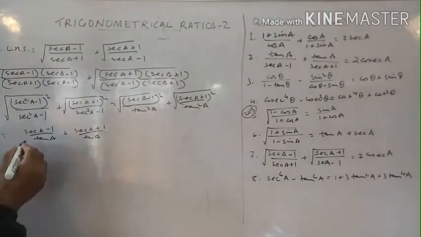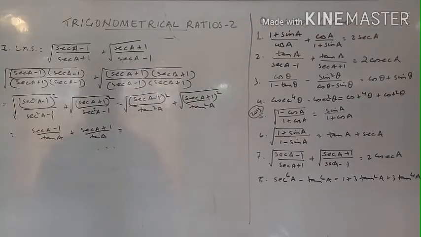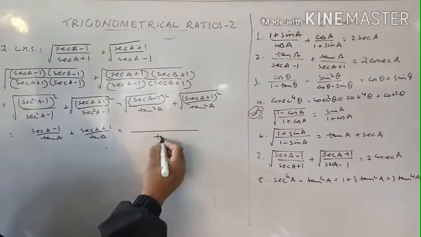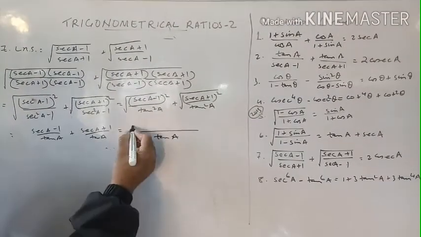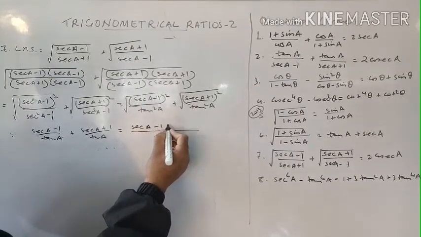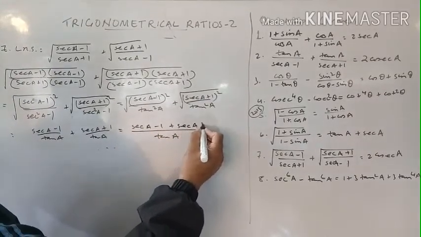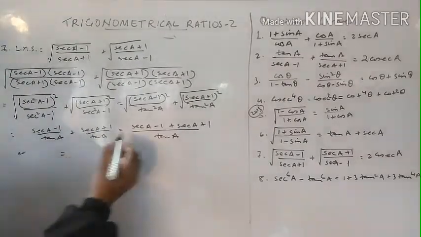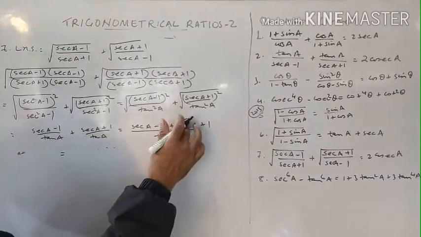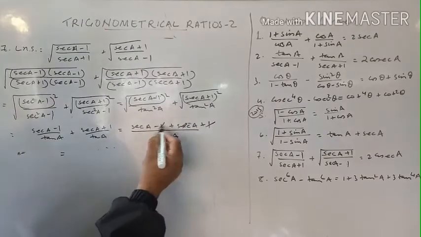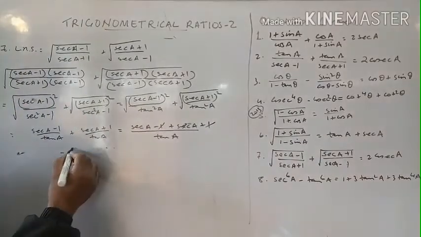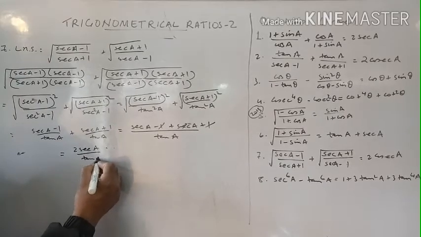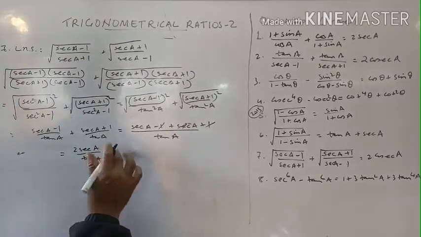Since you have the same thing in the denominator, you can take LCM here. It is tan A, so you get sec A minus 1 plus sec A plus 1. The 1 and 1 get cancelled because of minus plus, and sec A plus sec A will be 2 sec A by tan A. Now you can change to sin cos.